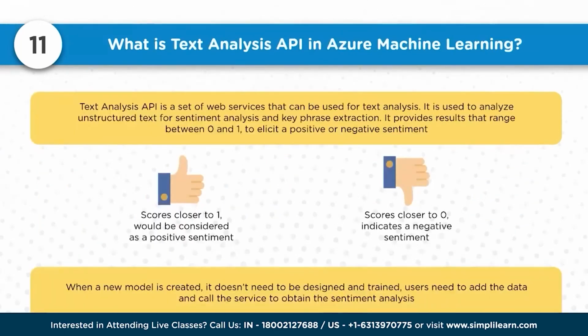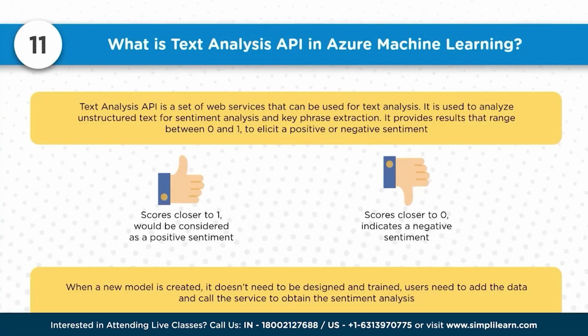What is the Text Analysis API in Azure Machine Learning? Now, text analysis is a cloud-based analytics API, and it provides advanced natural language processing over raw text. It has 4 main functions, like sentiment analysis, key phrase analysis, language detection, and a few other things.